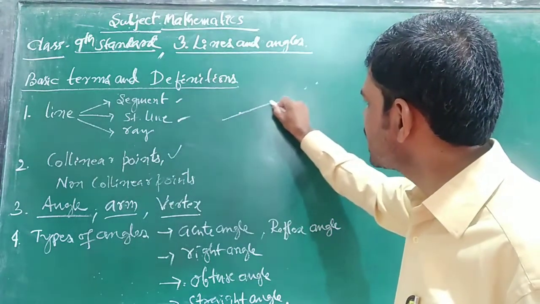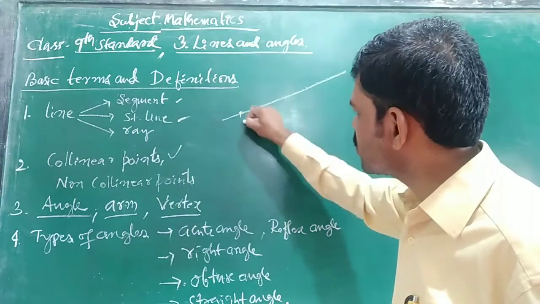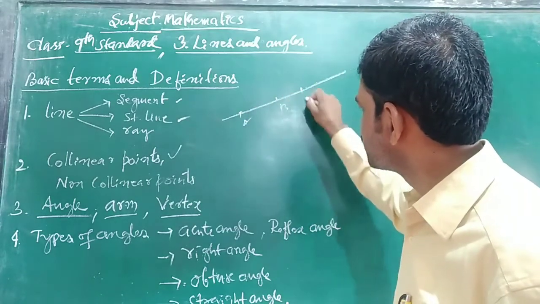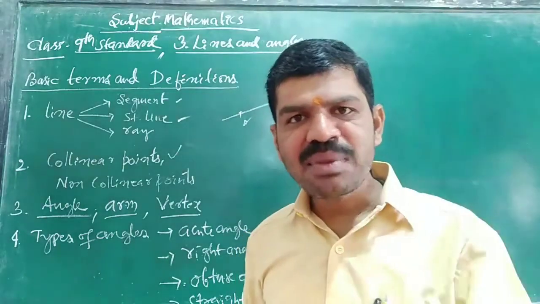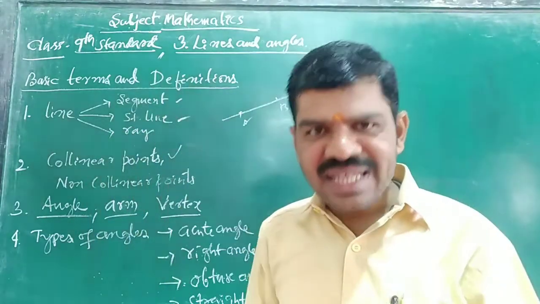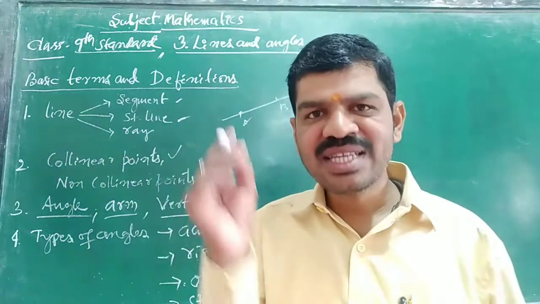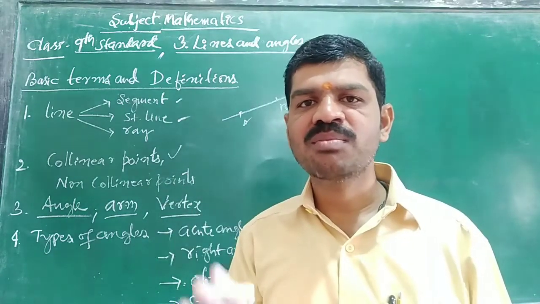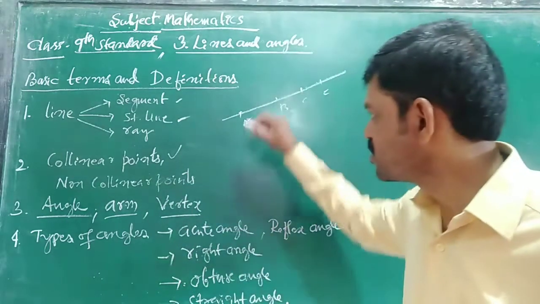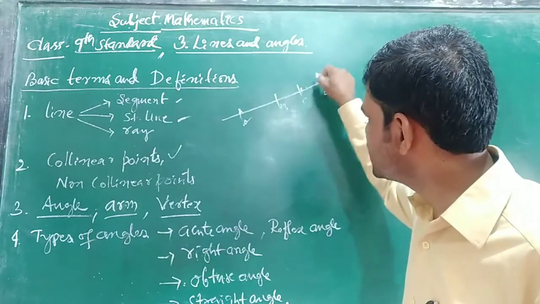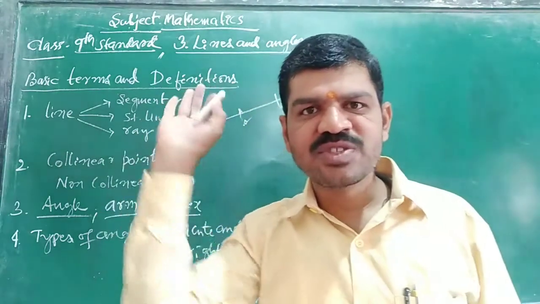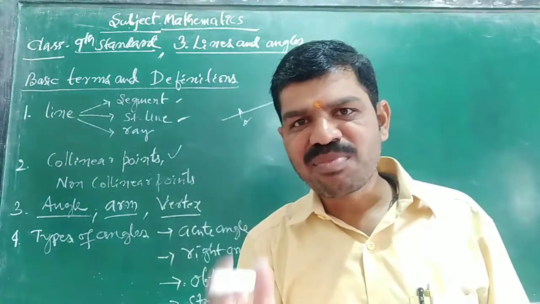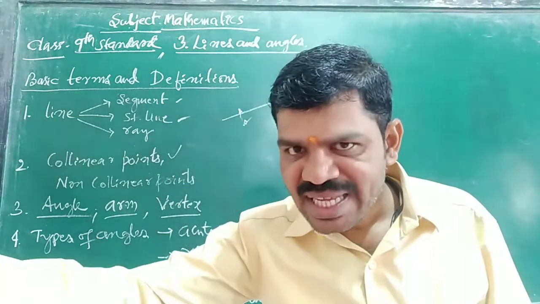If we draw a line through the points, it will come into the same line and it will be there in the same line, and these points are called collinear points. Points A, B, C, D, E, whatever the number of points which are there, these points lie in the same line.